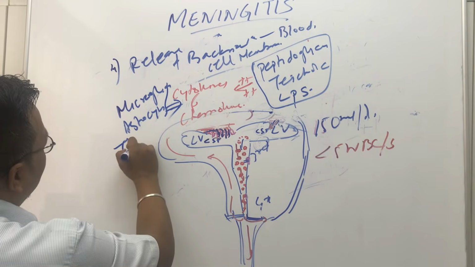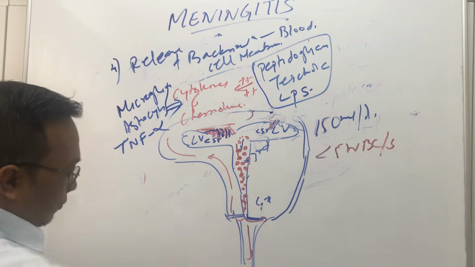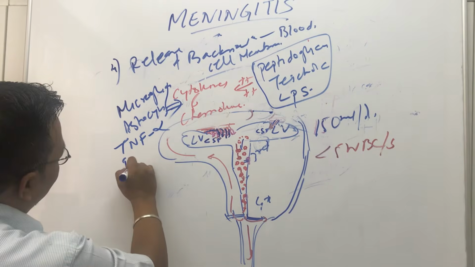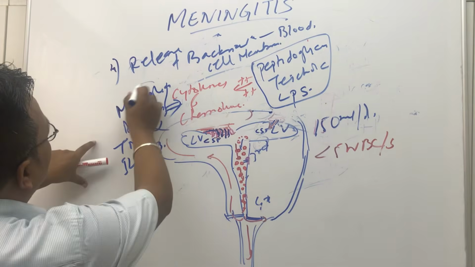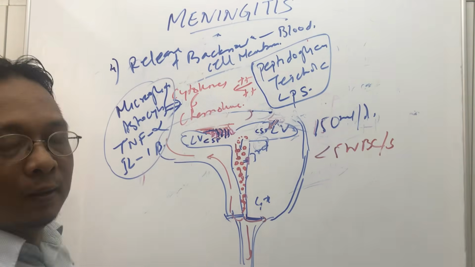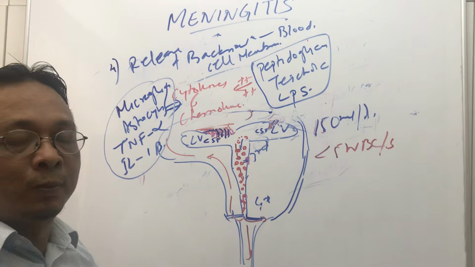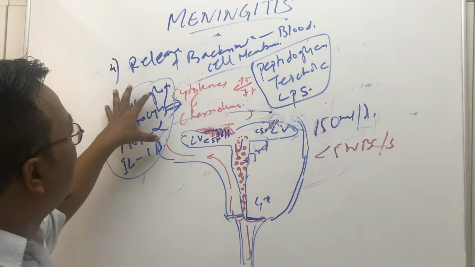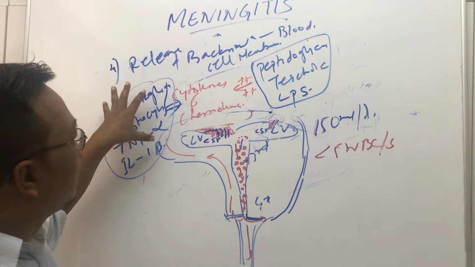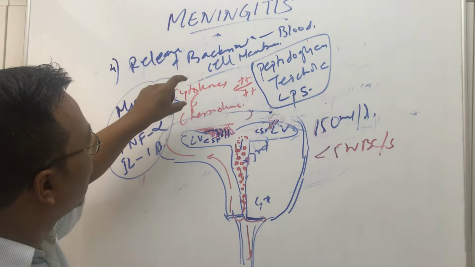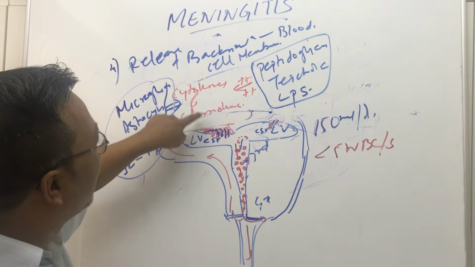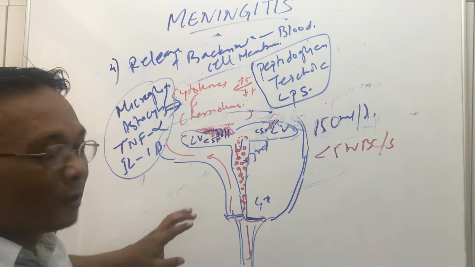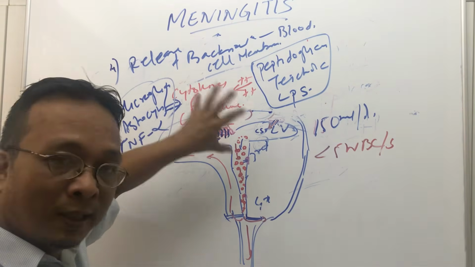Plus there will be release of TNF, tumor necrosis factor alpha, plus interleukin 1 beta. All these are immunostimulants, immune mediators. They are releasing plenty and plenty of cytokines and chemokines. So the meningitis will start from here actually.